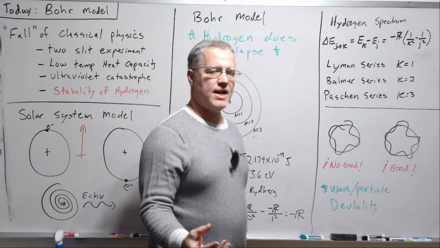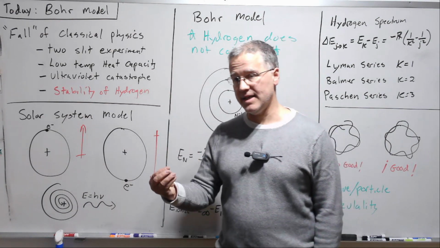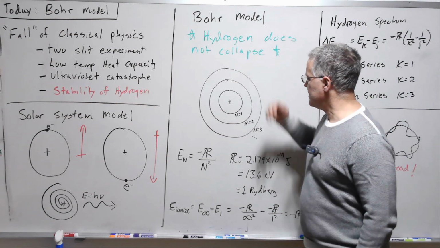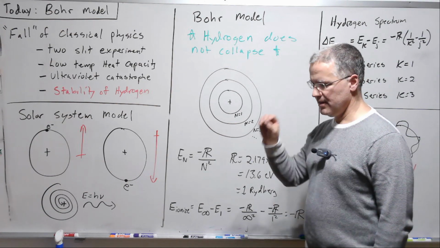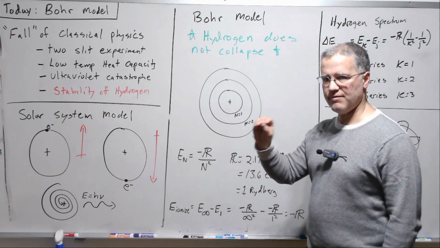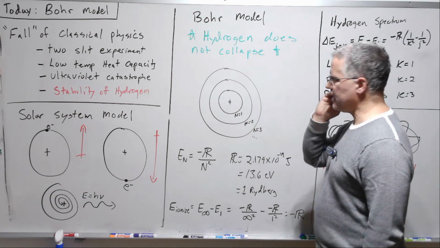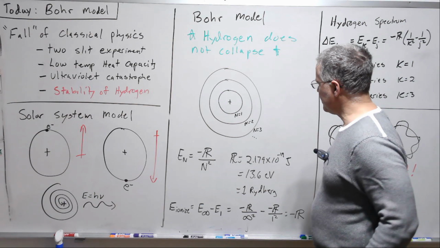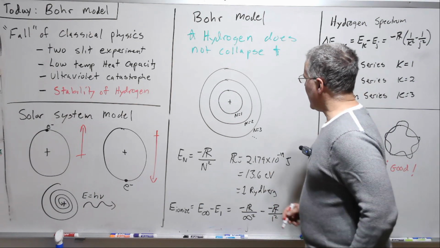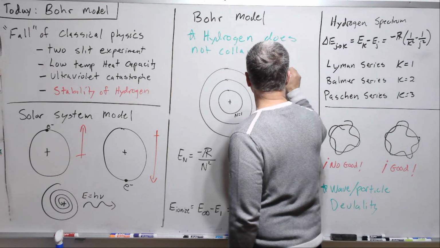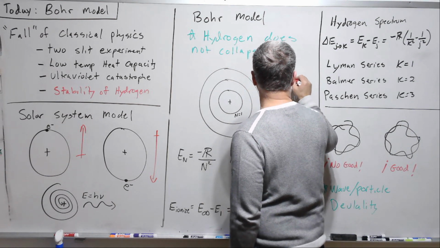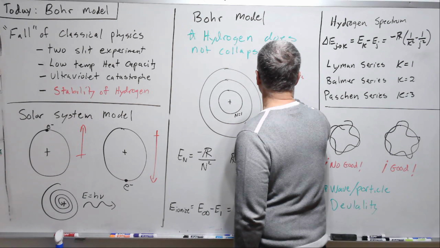So with the premise that hydrogen is stable and that we must be seeing discrete frequencies, not every frequency, let's see if we can come up with a model. The idea here is that there are special orbits for hydrogen.